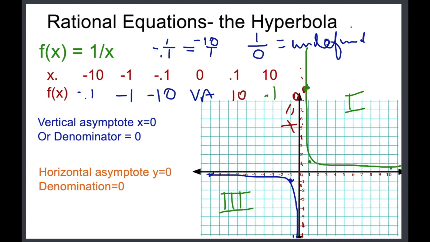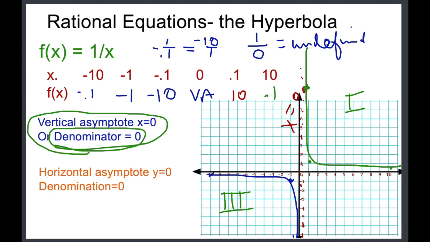There are two important parts to the hyperbola. The first part we've already talked about, and that is the vertical asymptote. Typically it's at x equals 0, but in our application it's going to be whatever's in the denominator set equal to 0. So in this case x equals 0.